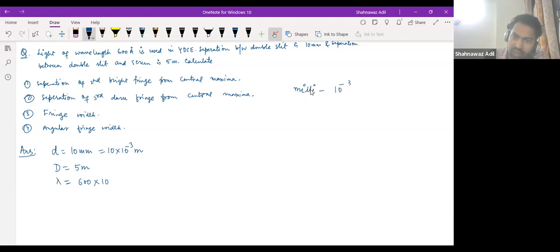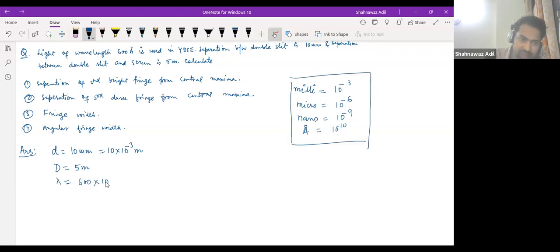And after milli, you have micro. Micro is 10 to the power minus 6. And after micro, you have nano. Nano is 10 to the power minus 9. And then you have this angstrom, which is 10 to the power minus 10. Always remember these things, right? These are very crucial. So this is 10 to the power minus 10 meters. So we know all these things.